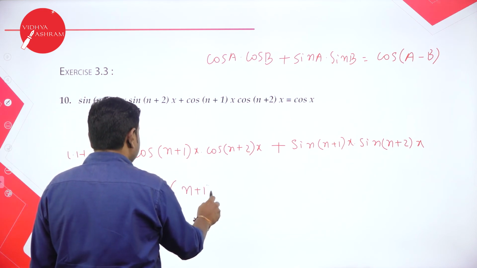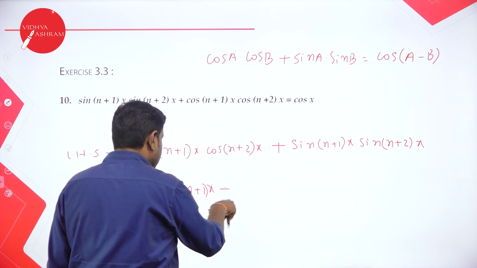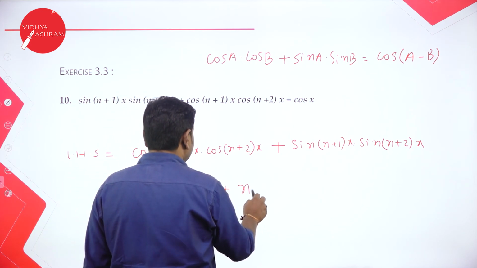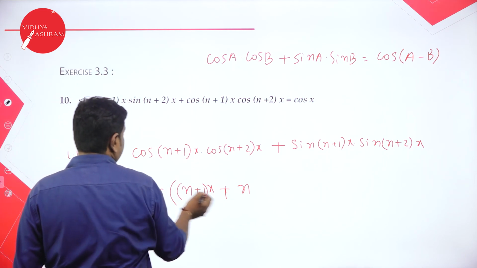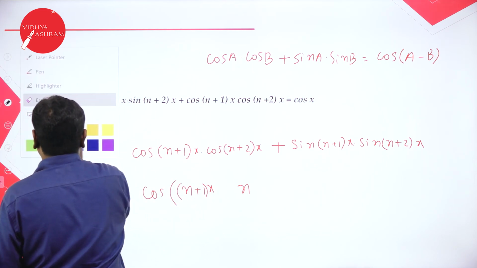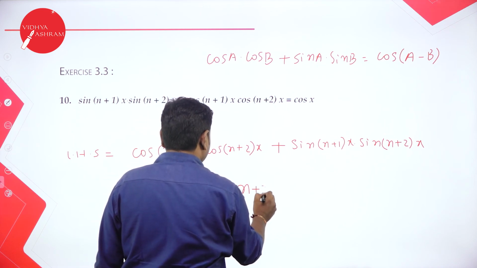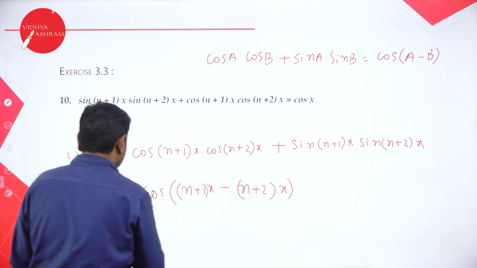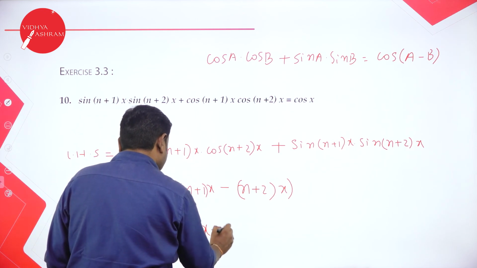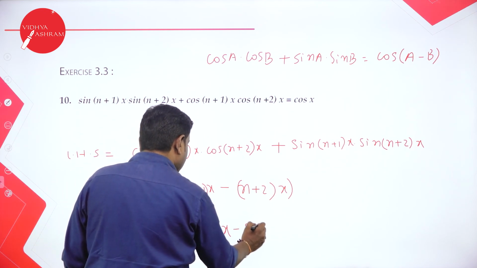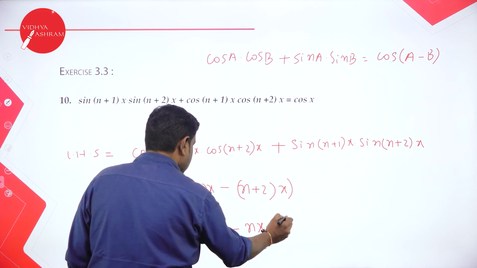N plus 1x, and b means what? N plus 2x. So it will become cos of n plus 1x minus n plus 2x. That is cos of nx plus x minus nx minus 2x.